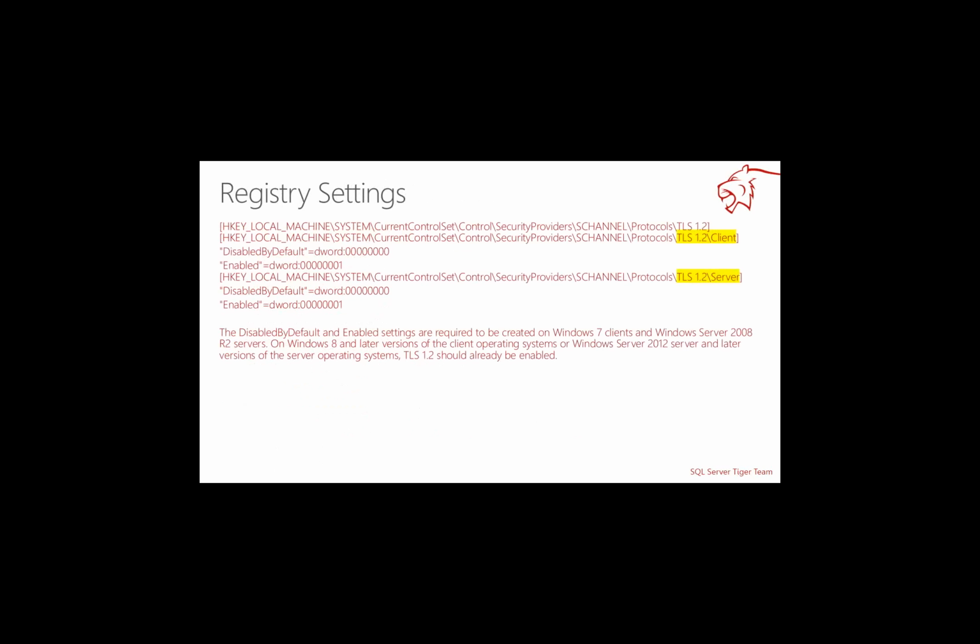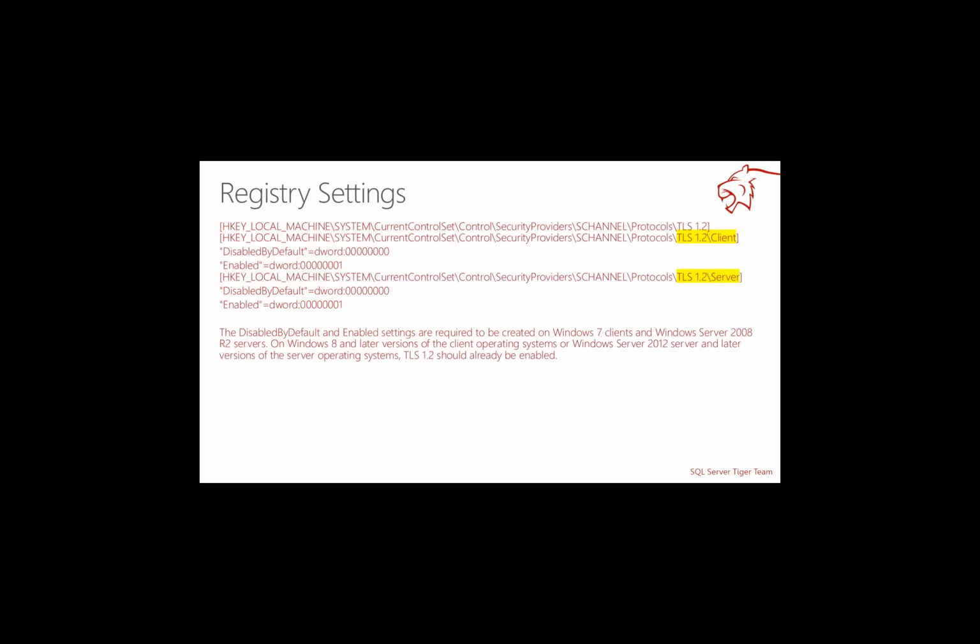No. SQL Server does not have a specific set of registry keys which is used to denote whether TLS is required or not. Whenever a client connection is made to the database engine, a protocol negotiation happens between the server and the client. The client will determine what protocol it can support and ask the server.